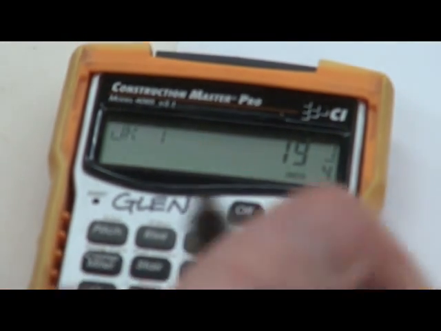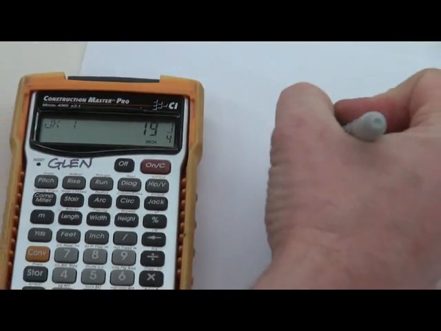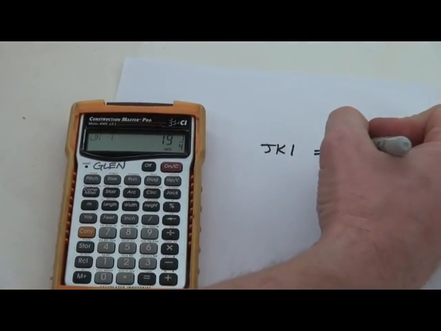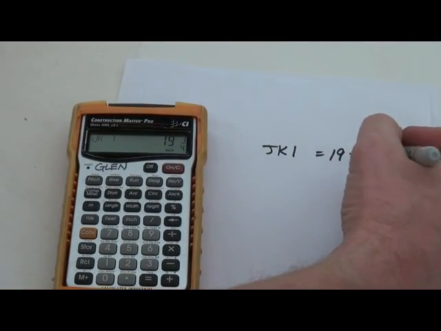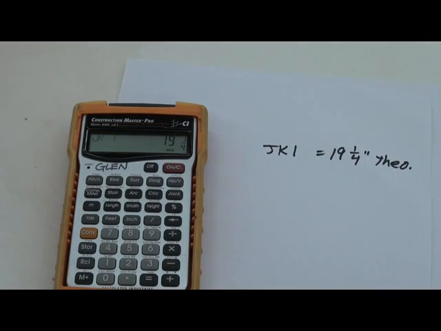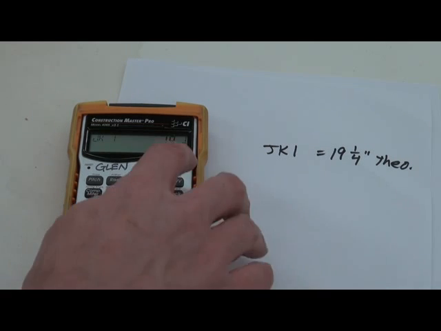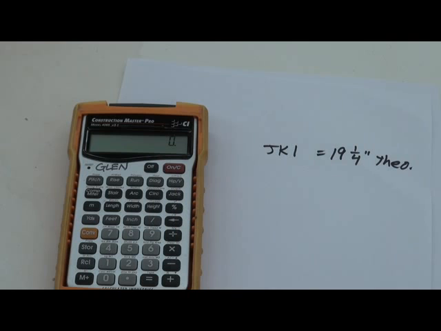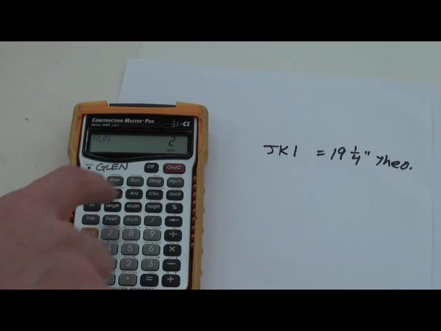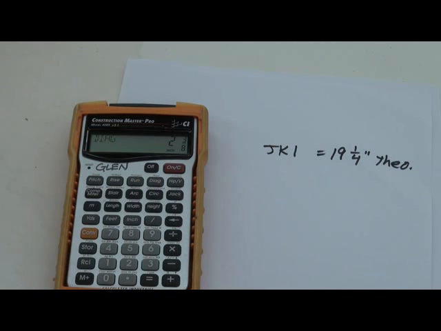So our first jack, jack 1, equals 19¼ inches, and that is a theoretical length. If we want to calculate the overall length of the jack rafter, we can simply calculate the diagonal dimension of a tail of a single rafter, or a common rafter. If you recall, our overhang is 2 inches. So I'm going to type in 2-inch run and find the diagonal for a 2-inch run.